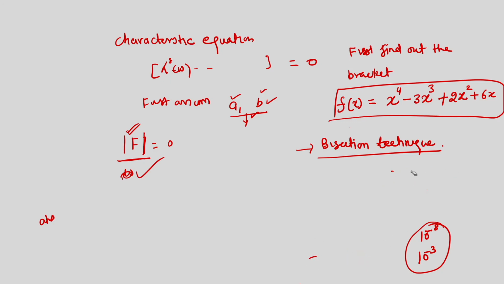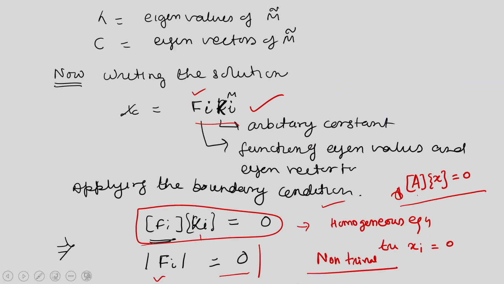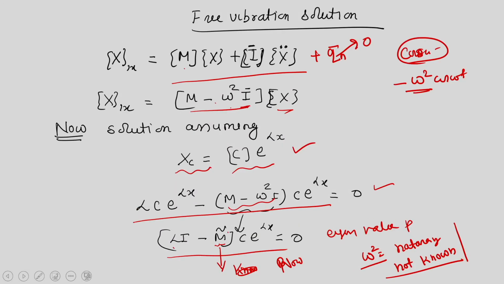Once you know the frequency, go back, because our aim is ultimately to find this Ki. By setting the determinant of f equal to 0, we have obtained omega. Now omega is known to us, so we have a Fi matrix in which everything is a number. Previously it had omega and k equal to 0.